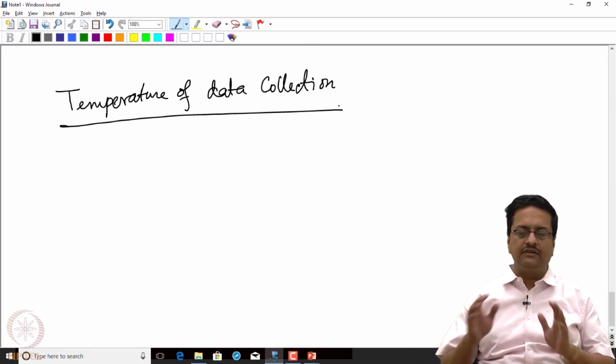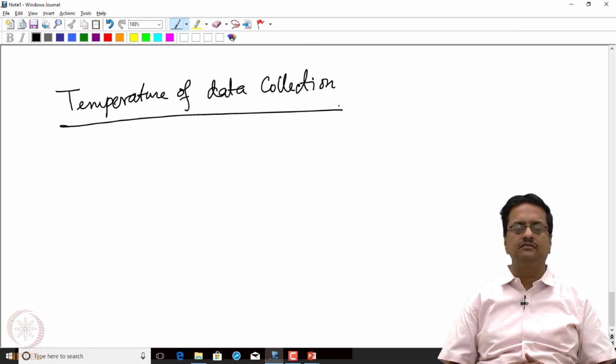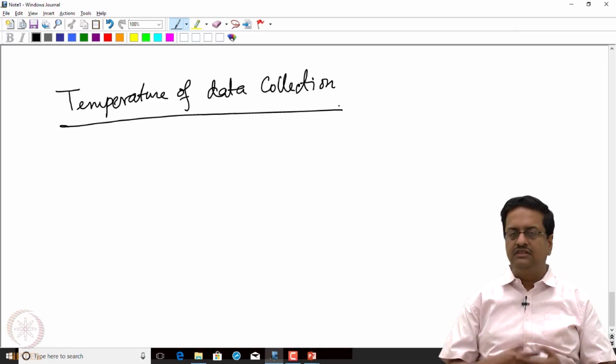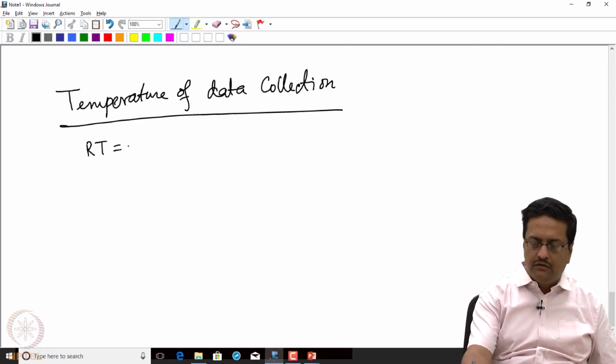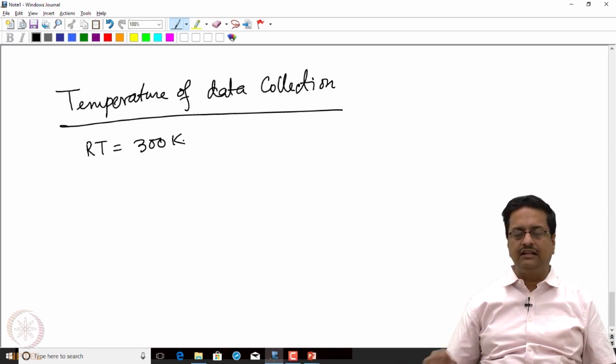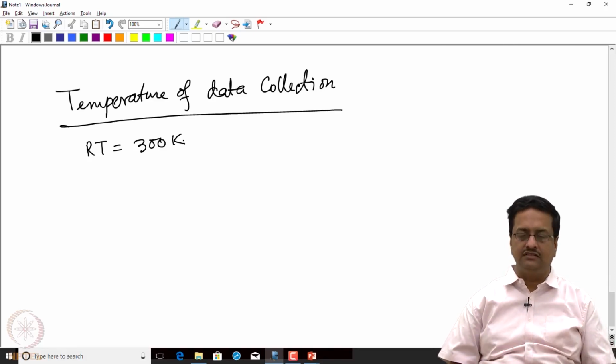A crystal kept at room temperature has the atoms or ions or molecules at room temperature, which is about 300 Kelvin. At this particular temperature, all the atoms, ions or molecules have some significant thermal vibration.